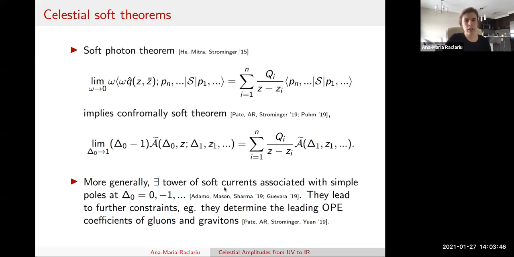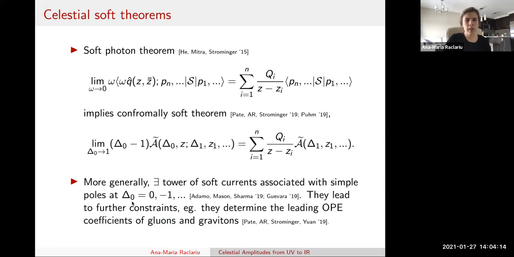And more generally, there exist towers of soft currents, which are associated with insertions of increasingly negative delta. So for example, a delta equal to 0 operator, depending on the spin, of course, can also be a subleading soft photon or a subleading soft graviton, and so on and so forth.